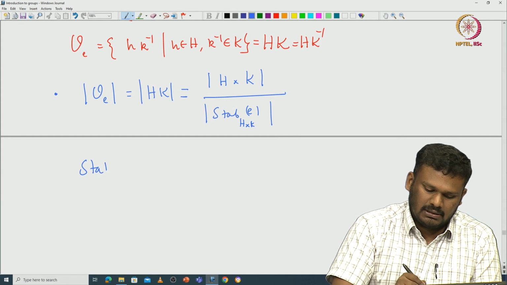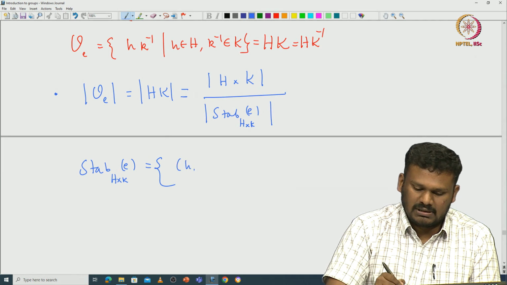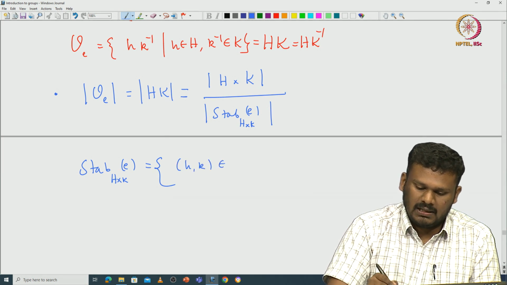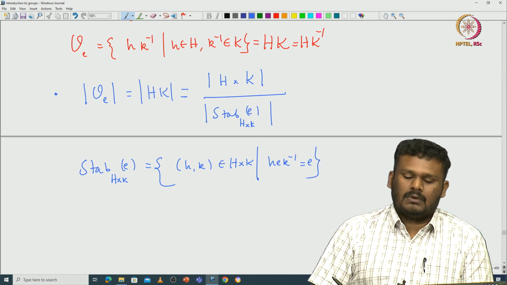The stabilizer of the identity inside H cross K is going to be those elements (h, k) inside H cross K such that h e k inverse is supposed to be e. But what is it?